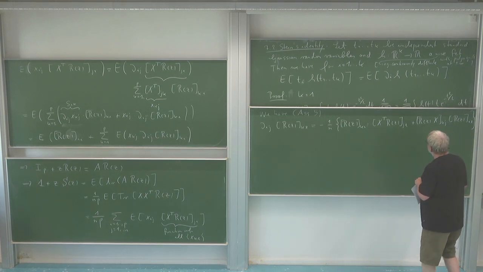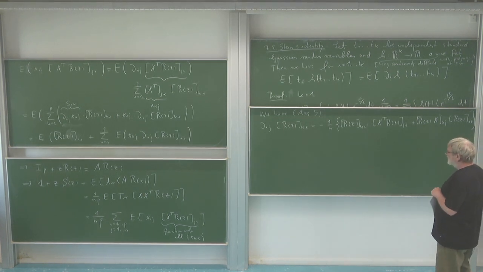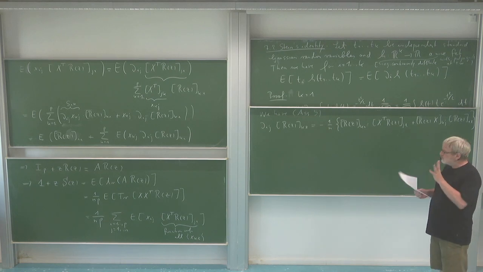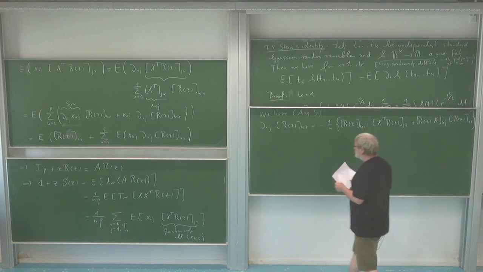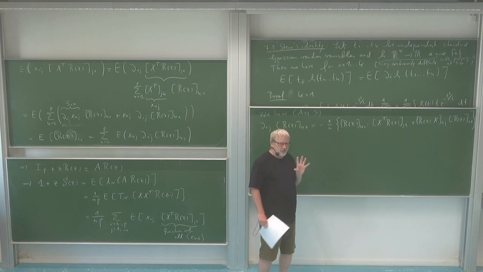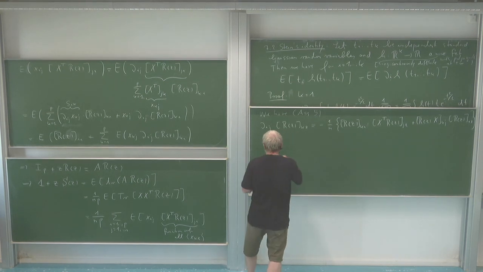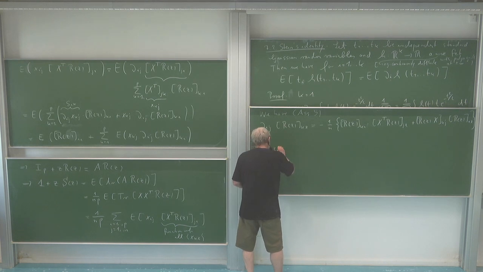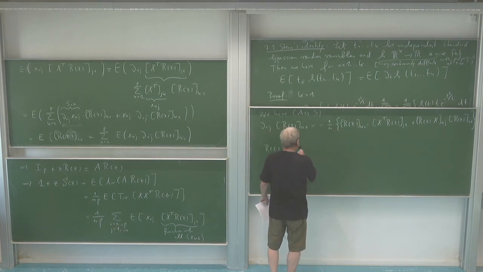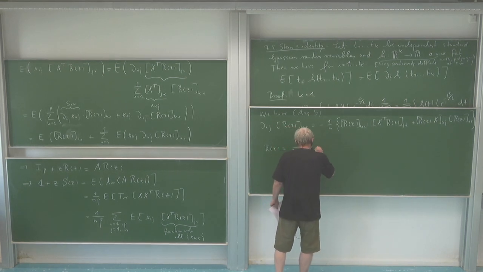Maybe this looks a bit strange at the beginning, but you should get something like this. Maybe it's not so surprising, because the resolvent is 1 over something. So r of z is actually, let me write it as 1 over x transpose, maybe you have a 1 over n, which is this, minus z times the identity.